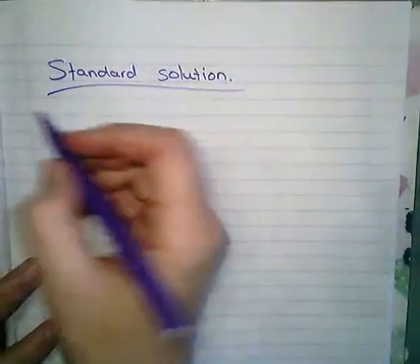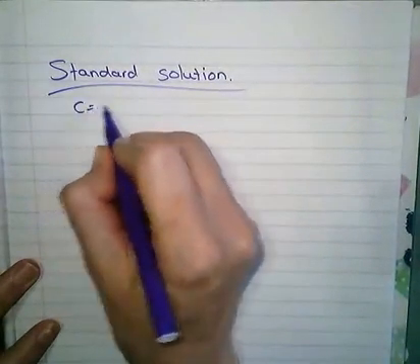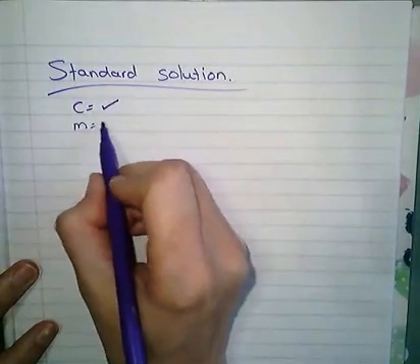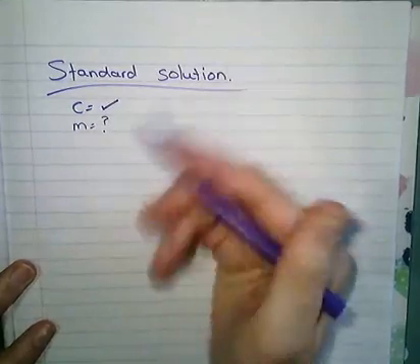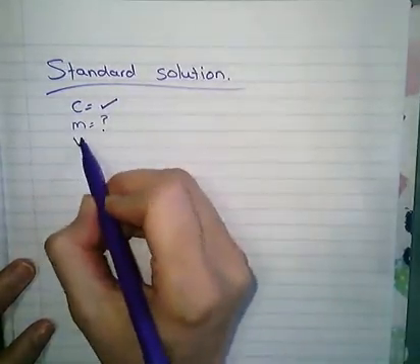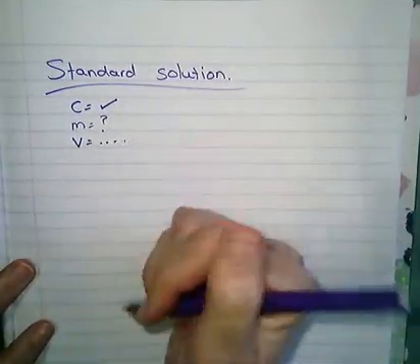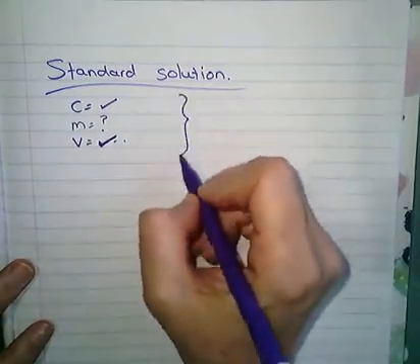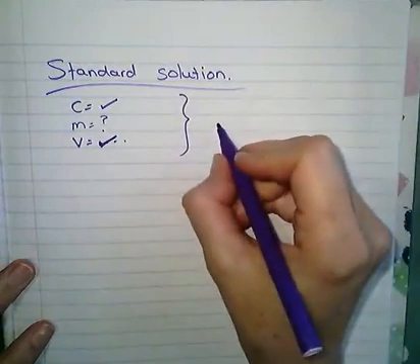Okay, so basically, in order to prepare a standard solution, you are still just going to use n is equal to m over M, and c is equal to n over V. There are also examples in the textbook of how to do those calculations.